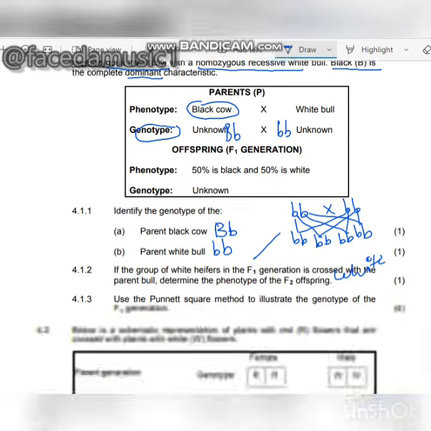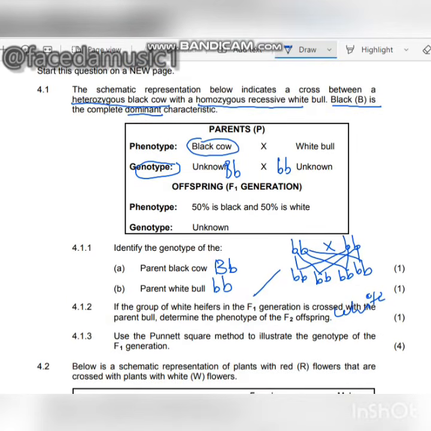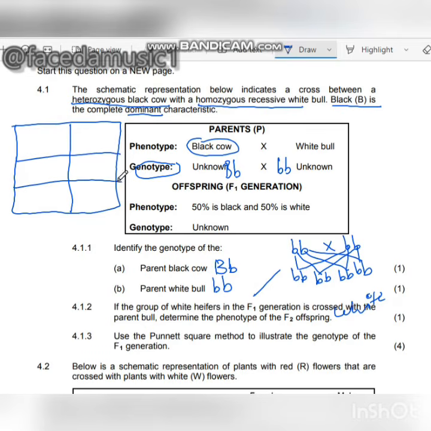Now, let's look at the last question. Use the Punnett square method to illustrate the genotype of the F1 generation. Now, we're going to use the Punnett square to show how the F1 generation came about. So we're going to draw something like this.